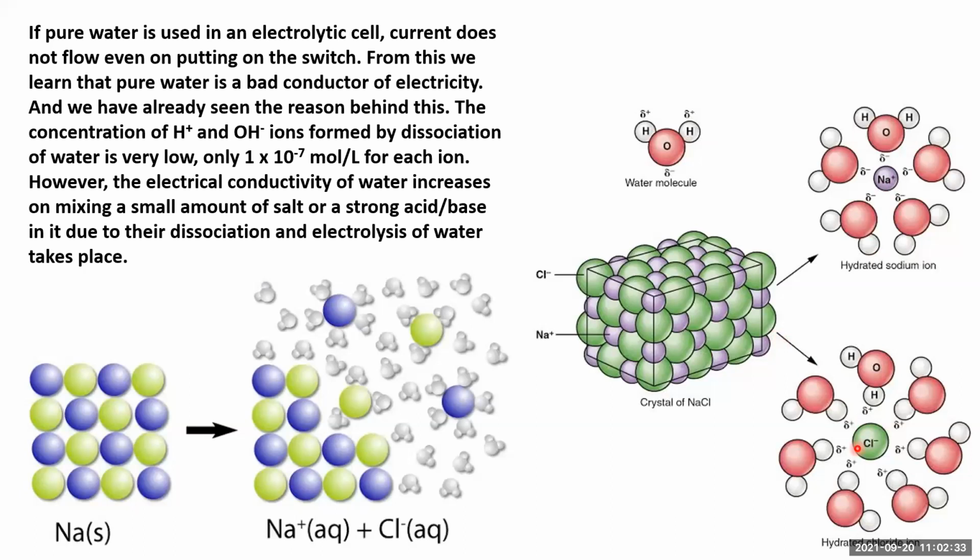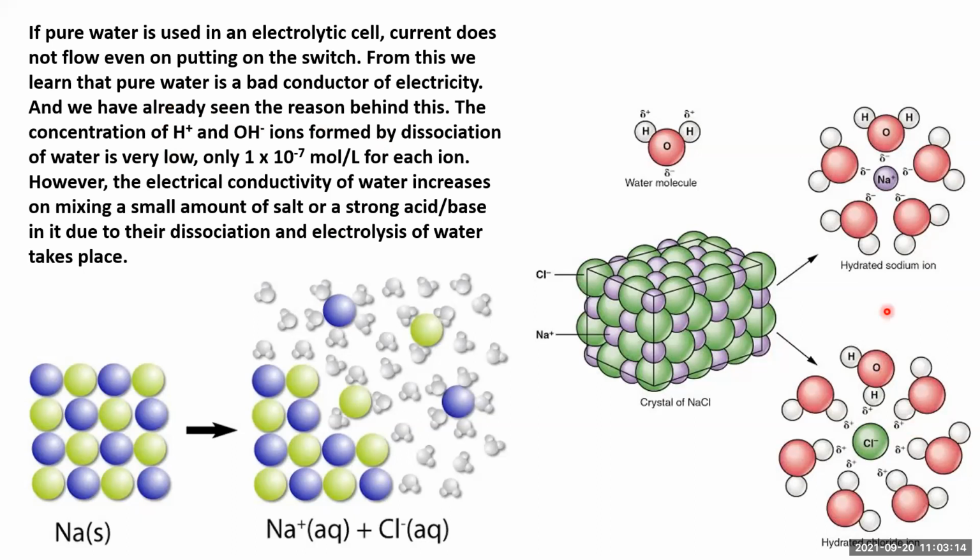Current starts flowing through the solution because the solution contains negative ions and positive ions. Hence, the dissociation of salt in pure water makes the water a conductor. Pure water is a bad conductor, but when we add some salt in it, this water conducts electricity because NaCl dissociates into the water as shown in this figure.